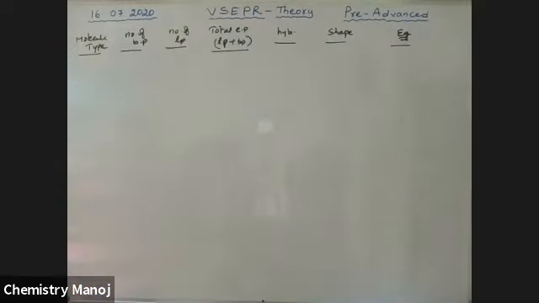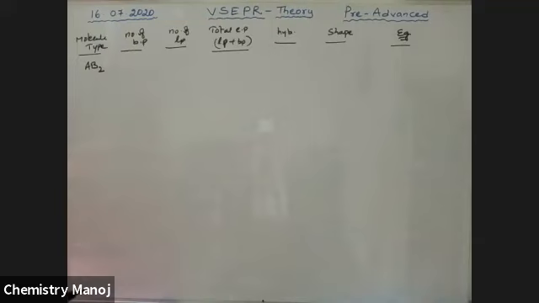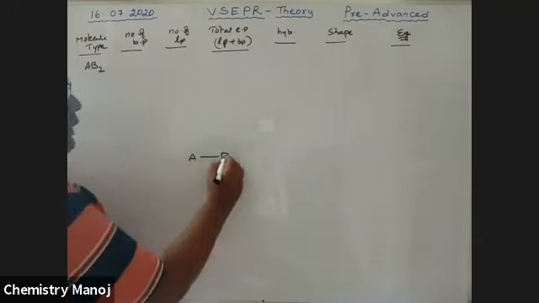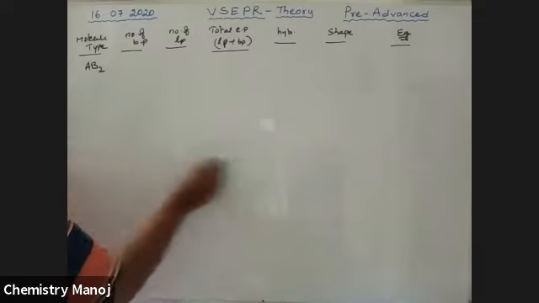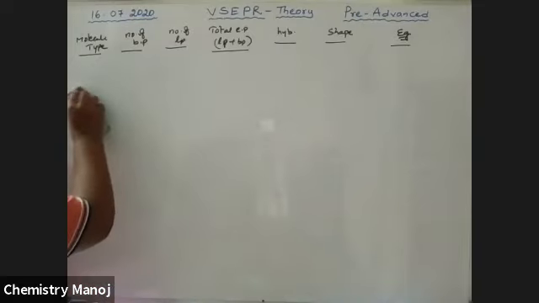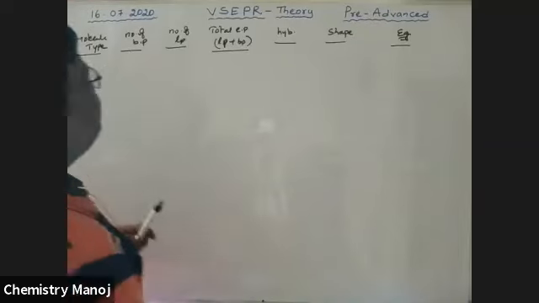Now a molecule of the type AB2, AB2 means A bonded with 2 B. First of all, see here, I'm writing here.